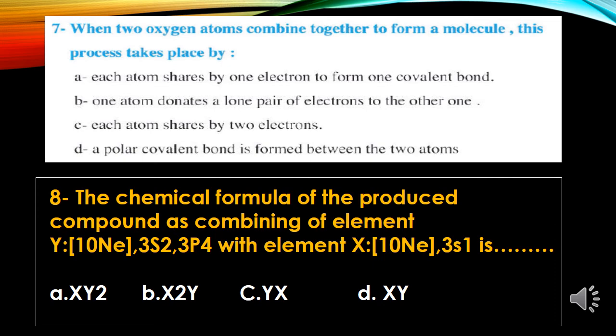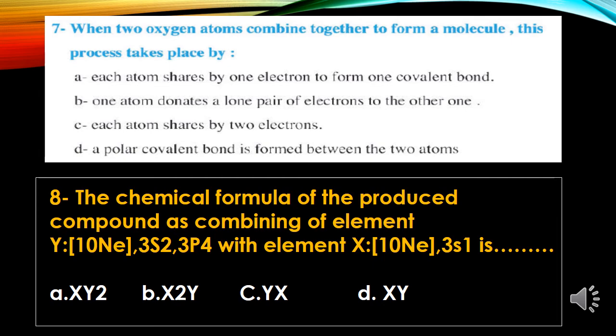Question number 8. The chemical formula of the compound produced by combining element Y, neon 10 3s2 3p4, with element X, neon 10 3s1, is A, XY2; B, X2Y; C, YX; D, XY. The answer will be X2Y. Why?